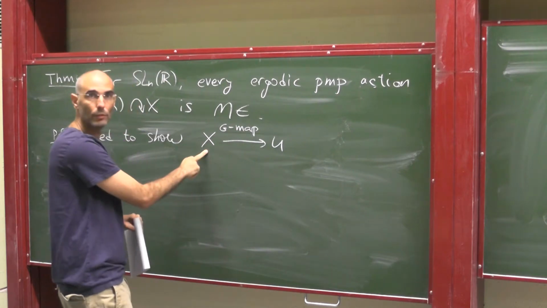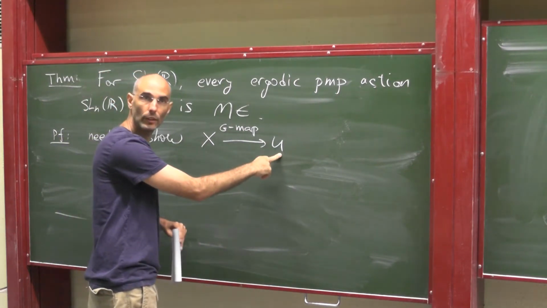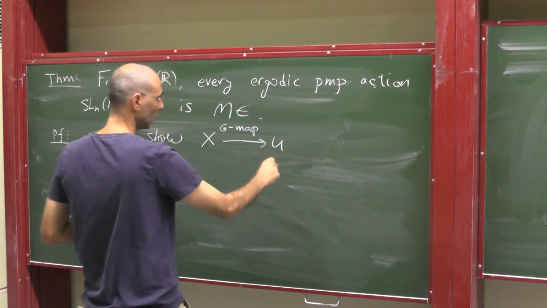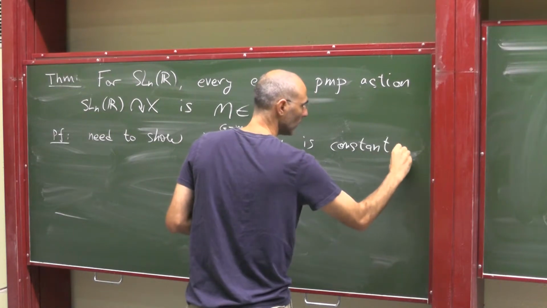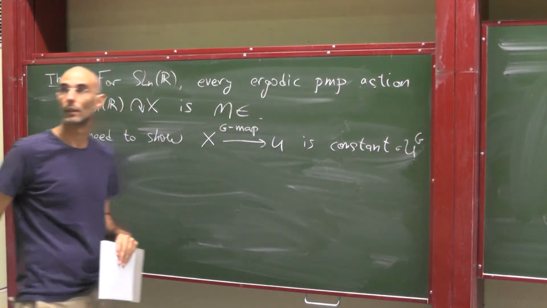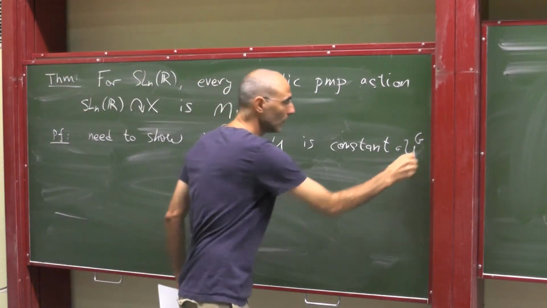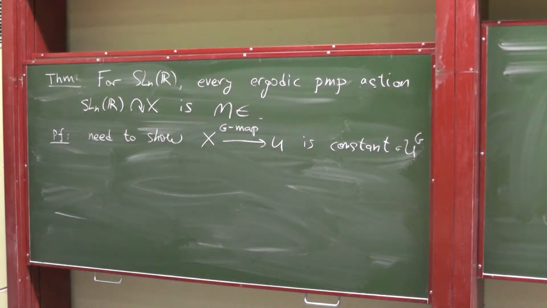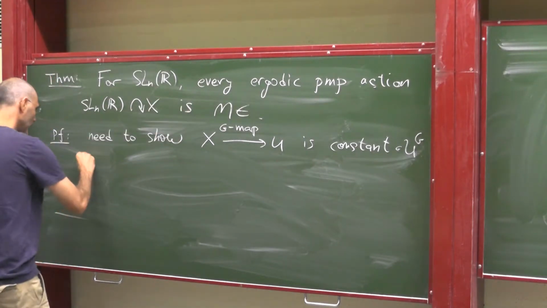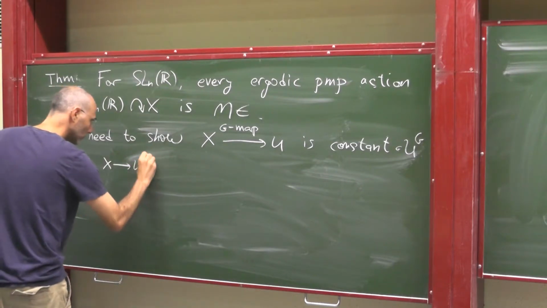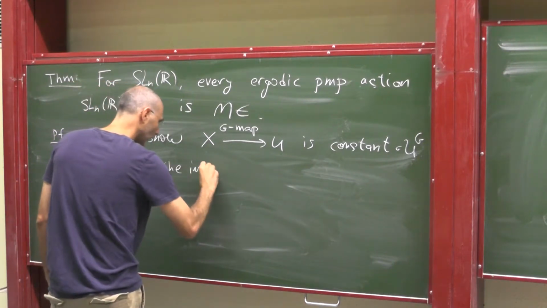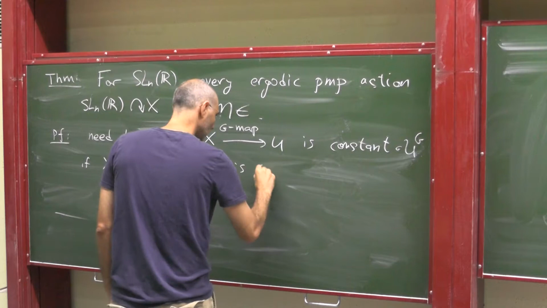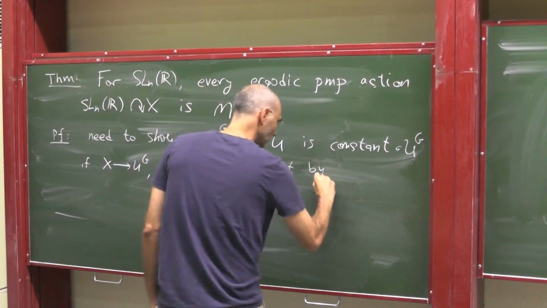For every G map from X to an isometric G action, it is constant. And in UG. Of course, just by the fact that if X is mapped to the invariant points, the image is constant by ergodicity.